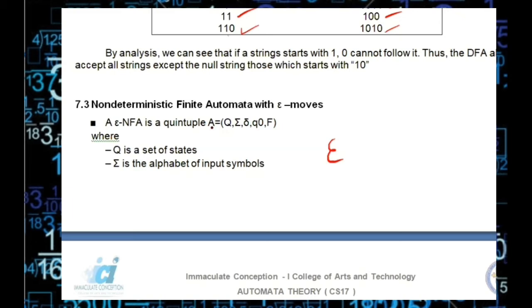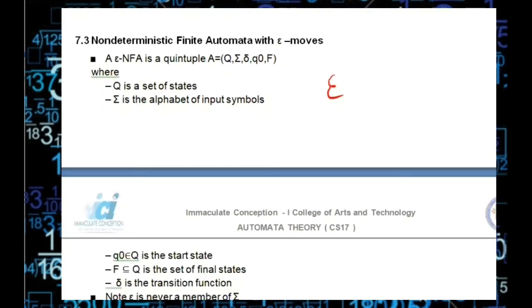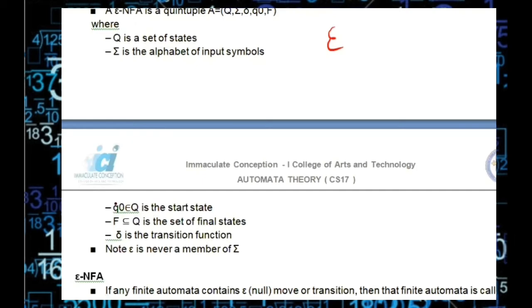So what do these mean? Q is a set of states. Sigma is the alphabet of input symbols, which is what we input. It can be binary 0-1, or small letters A, B, C, D. Q0, always remember, an element of Q, is the starting state or initial state.